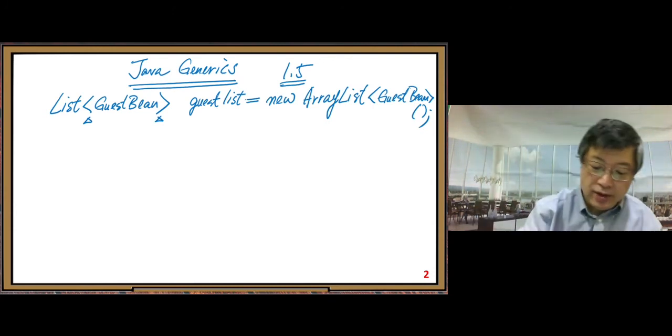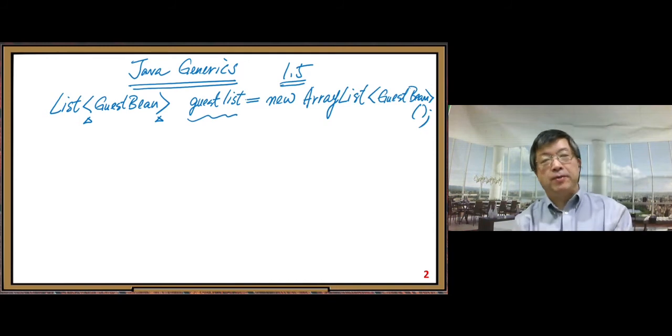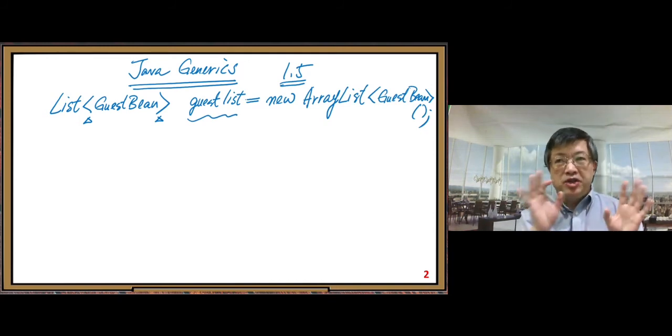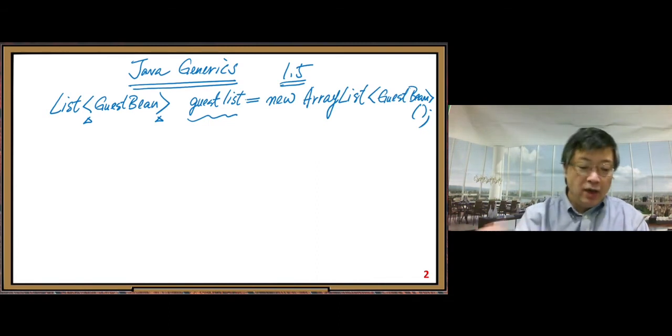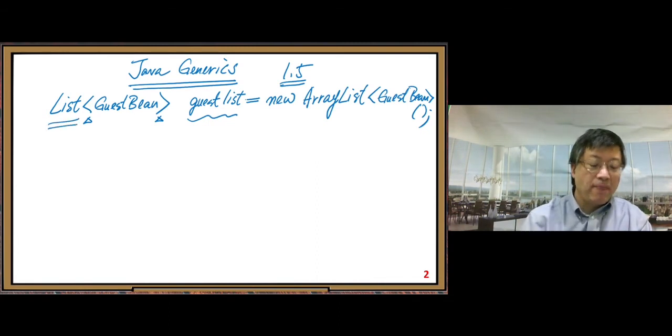So we declare this object. Now let me explain several parts. First, what is this List? List we call a Java collection object.